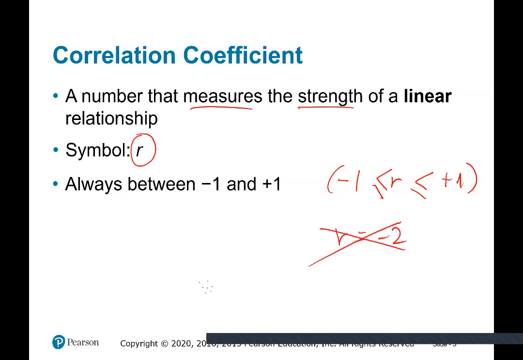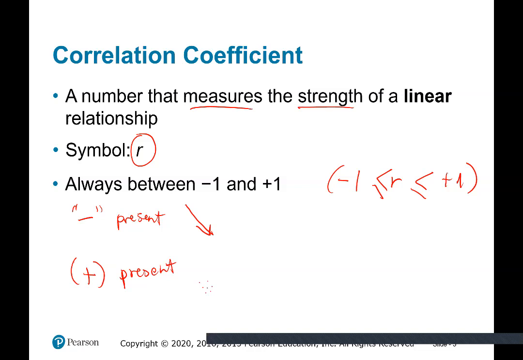That is wrong. Or R equal to 2, that is wrong too. The -1, the negative number, represents the downhill of the line, and the +1 represents the uphill.